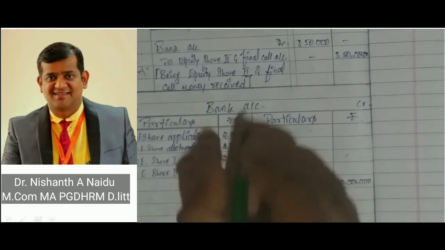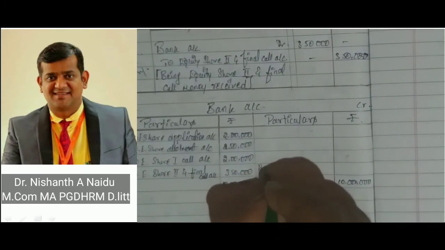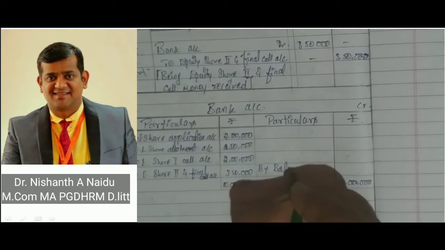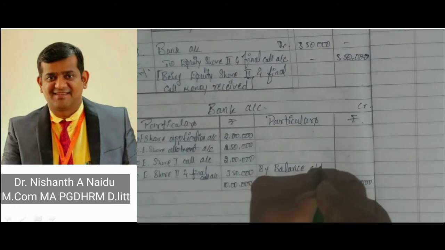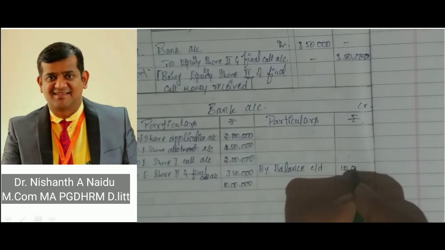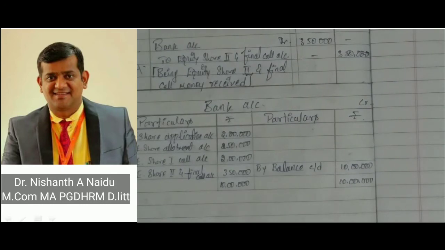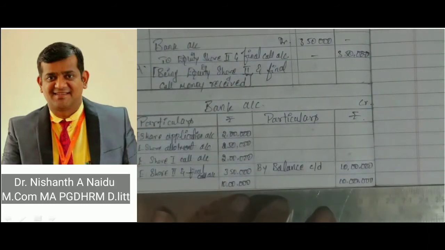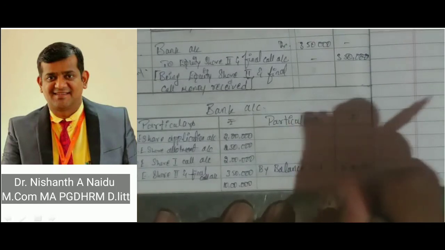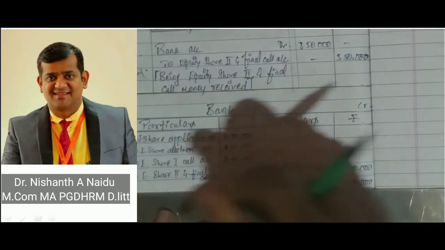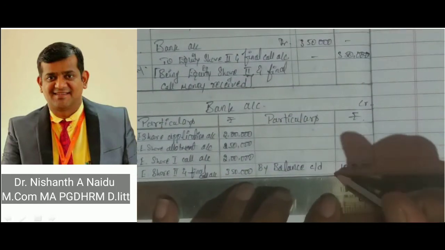Since there is no other transaction, I am writing by balance carried down directly 10 lakh rupees. So the total both the side is 10 lakh, 10 lakh. So I am closing the bank account now.